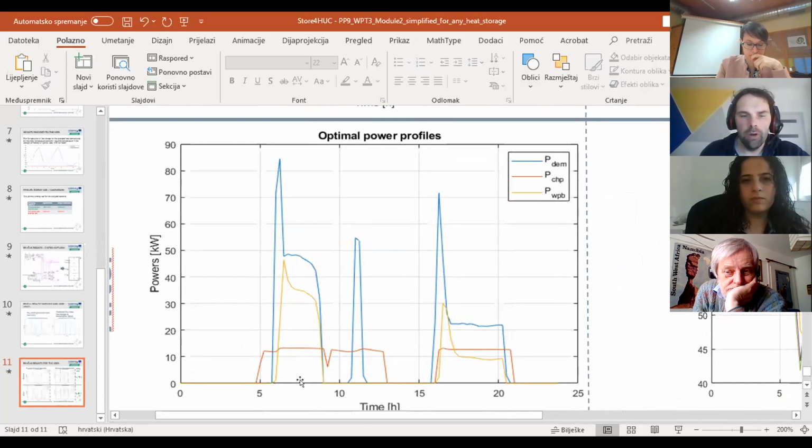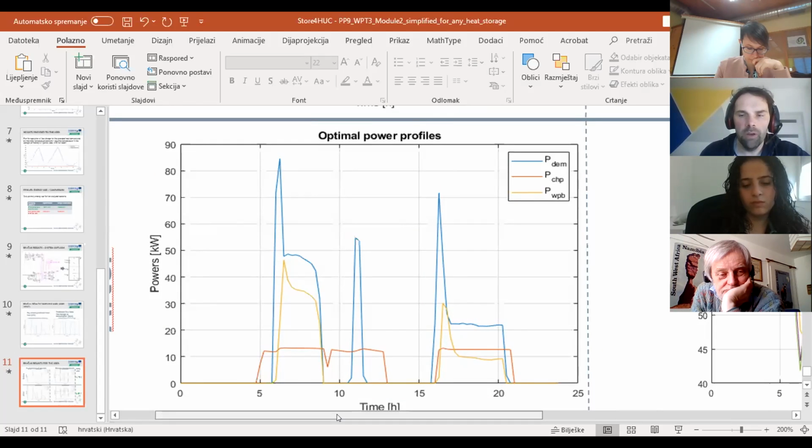So you will see now that you are always trying to engage CHP in this optimized profile for as long as needed, and you reduce the usage of the wood pellets boiler.